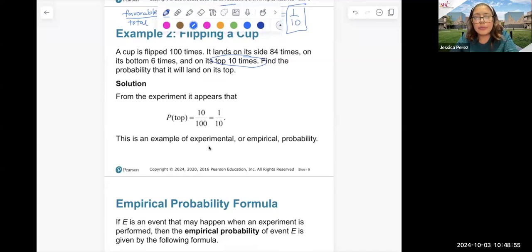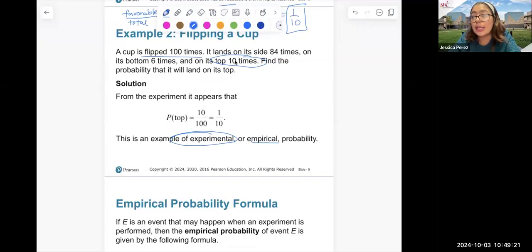So then we want to ask ourselves, is this experimental or empirical probability? So this example, it's actually experimental or empirical. Why? Because you're actually flipping it 100 times. You're actually doing the experiment on it. And then you're looking at, this one shows up 84 times, this one shows up 6 times and 10.